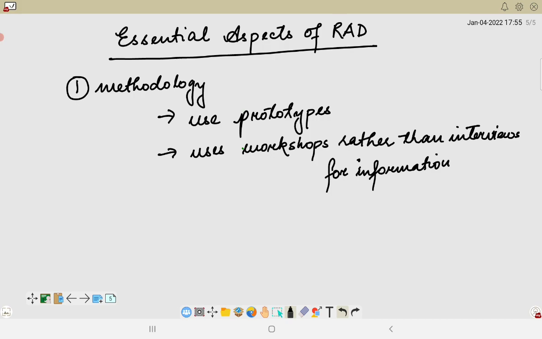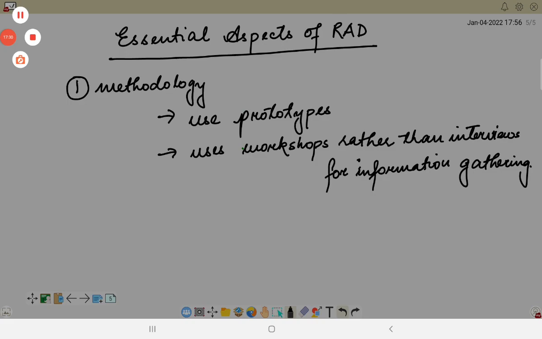However, if a workshop is conducted, then a wider range of ideas get exchanged. So for information gathering, it is one of the best possible options, and RAD uses this.